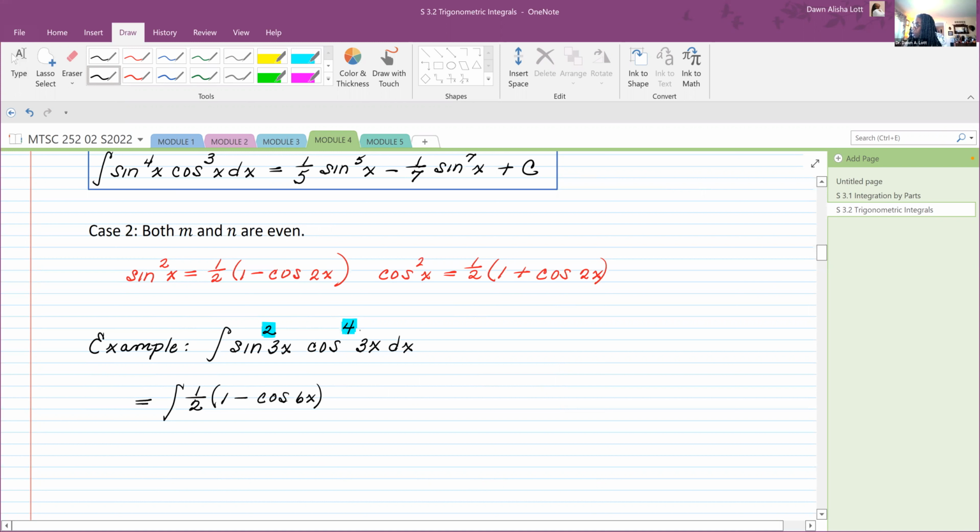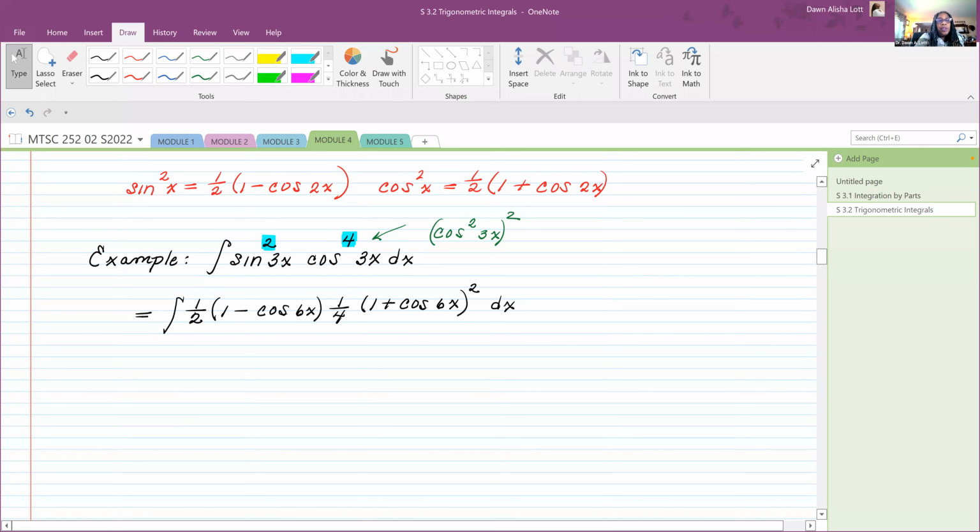And the other one is actually the cosine squared of 3x squared, so I got to square that. So I get 1/4 times 1 plus the cosine of 6x squared dx.